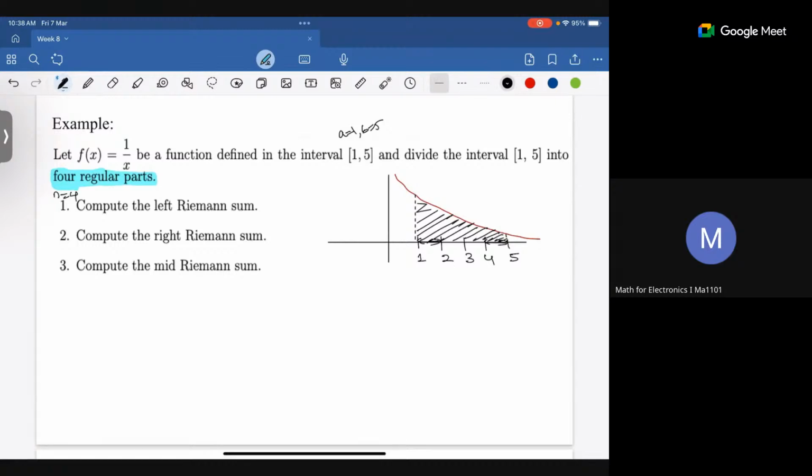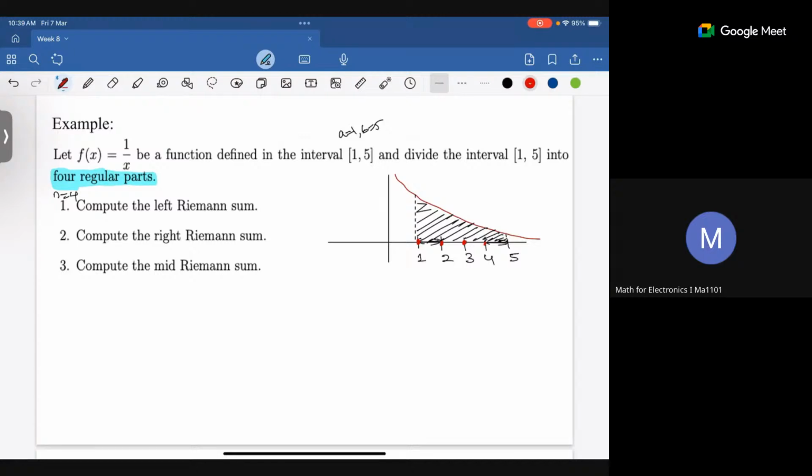Now, in order to compute the left Riemann sum, how should I choose my ck's? For the first rectangle, it should be 1, because I have to choose the leftmost point in the first interval. The second point is 2 for the second rectangle. For the third rectangle, I have to choose 3. For the fourth rectangle, I have to choose 4.